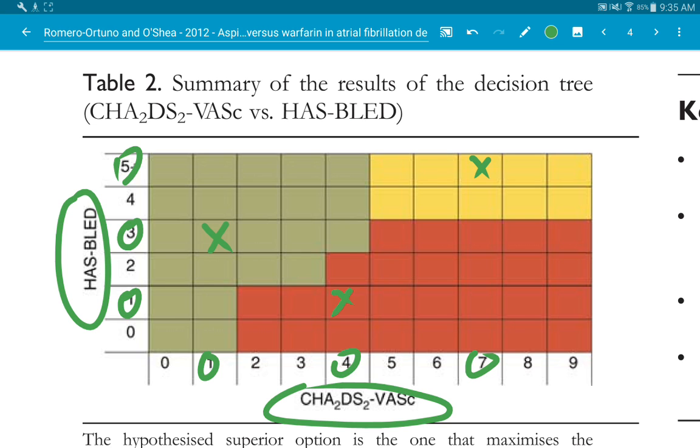Same thing actually happens with, here is the risk stratification for stroke risk. Is it a female patient? What age are they? Do they have congestive heart failure? Do they have a history of stroke or anything else, right?